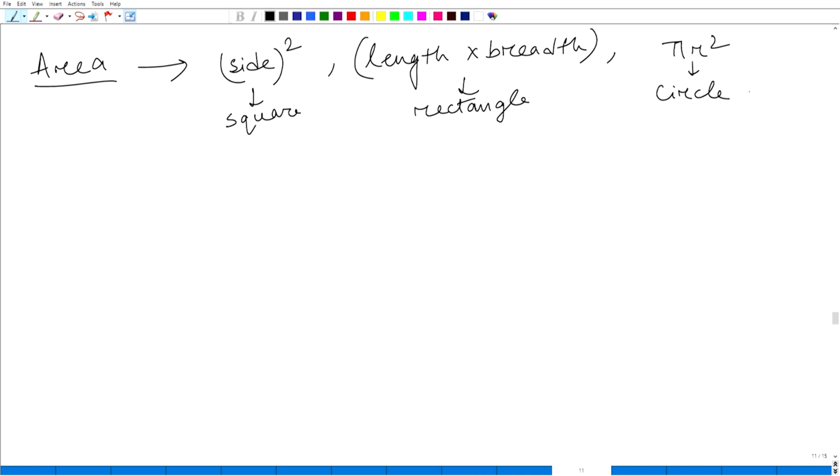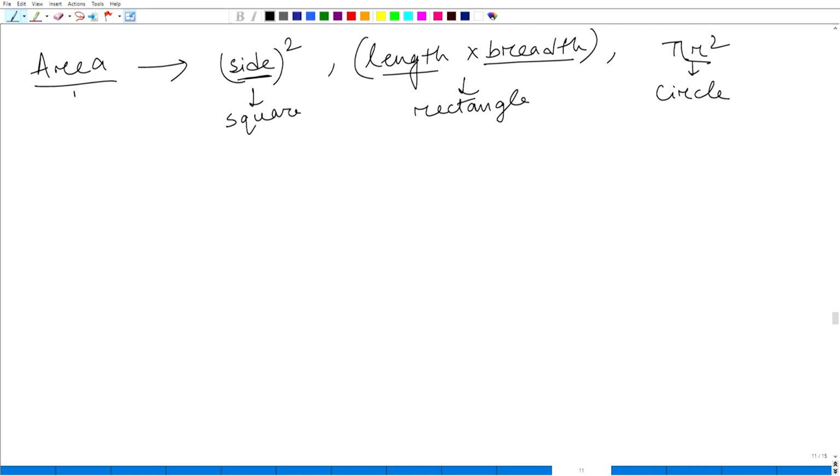So, everywhere where we measure area, we see that there is a term where some quantity of length is raised to the power of 2. Side is also measured as length. Length and breadth, both of them have units of length, and radius is also nothing but length.